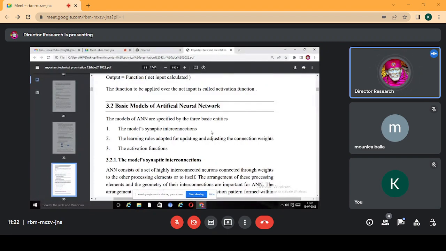Basic models of artificial neural network. The models of artificial neural networks are specified by three basic entities. This is very important.